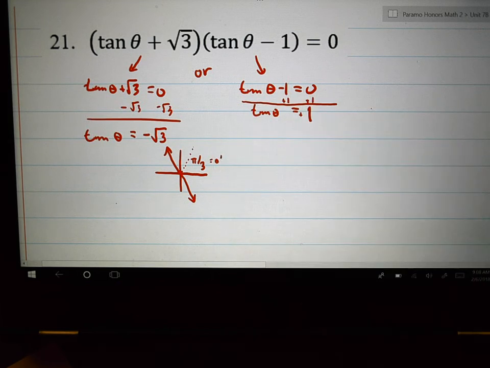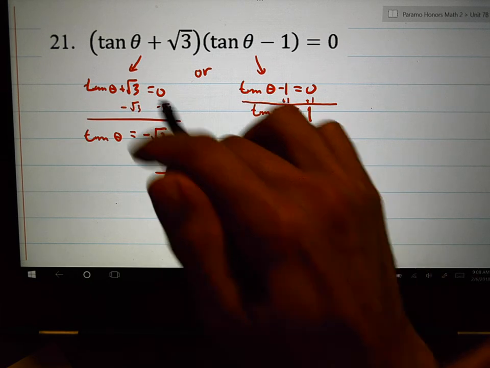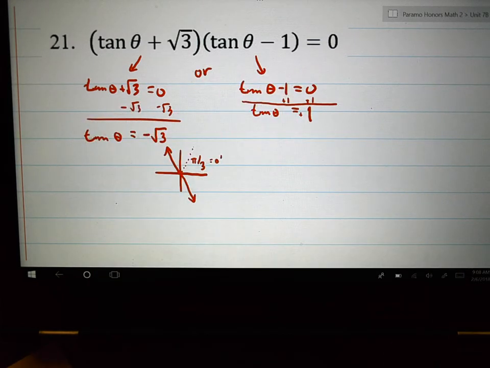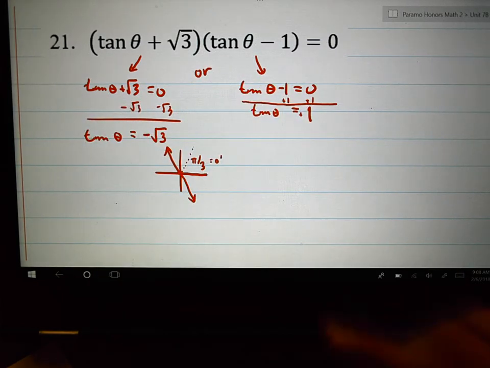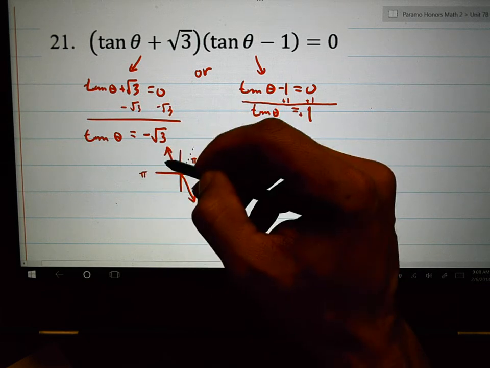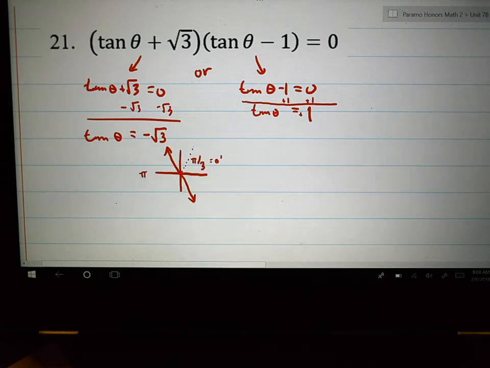That's not what theta is. Theta is going to be the one that puts me into quadrant 2 and the one that puts me into quadrant 4. But I'm going to use that to figure out what the quadrant 2 possibility is. You're going to do something with pi to figure out the quadrant 2 possibility. You're going to do something with 2 pi.